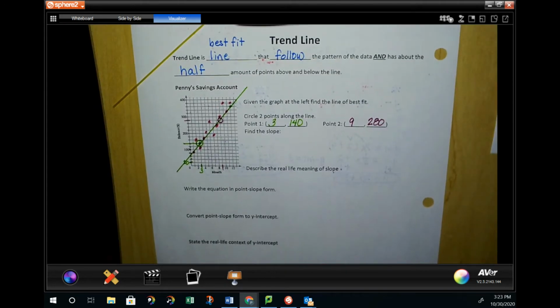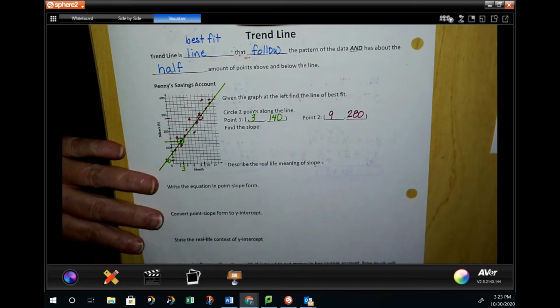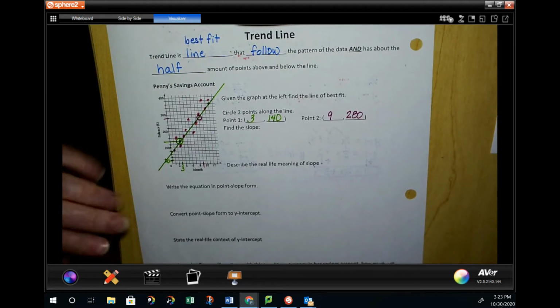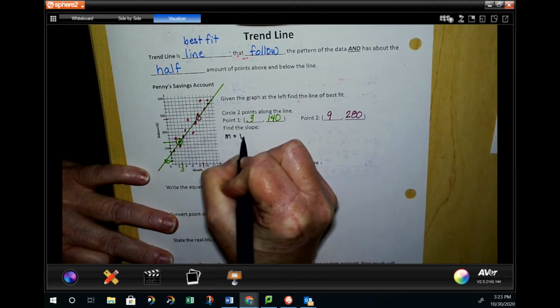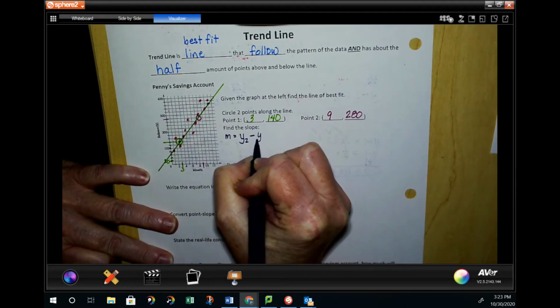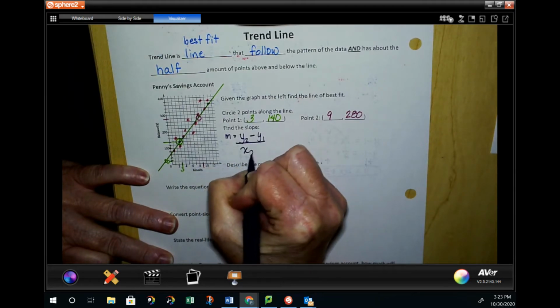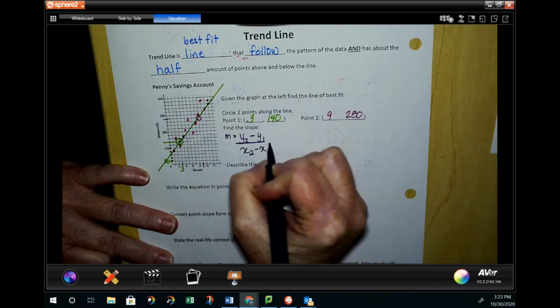And again, you are drawing a line of best fit. Your line will be close to mine, but it could be a little different. It's not going to be the same, because their lines can be totally different. So the next thing is we need to find the slope. Remember your slope formula, y2 minus y1 over x2 minus x1.